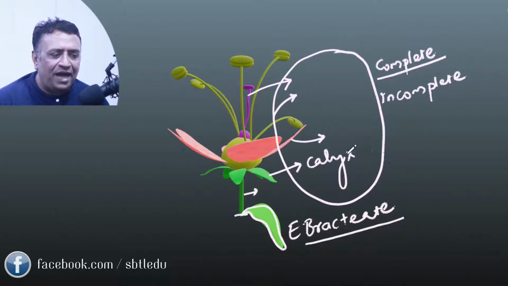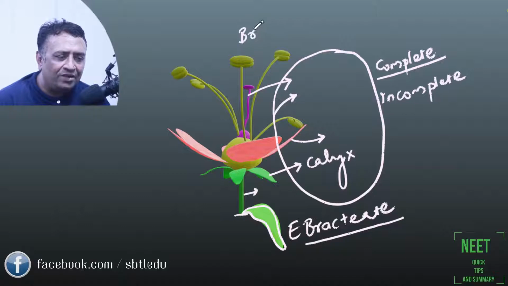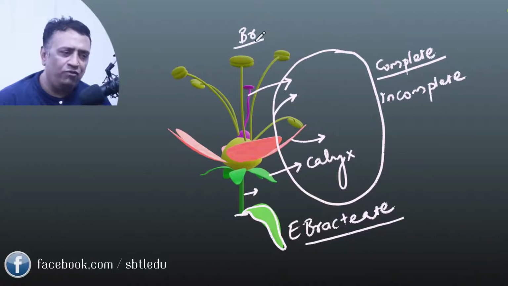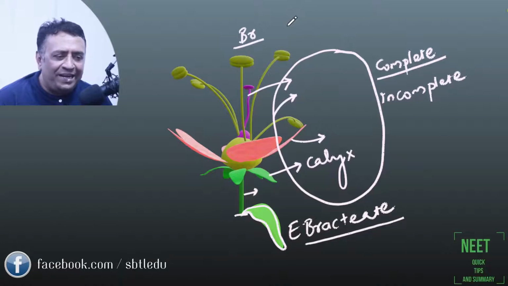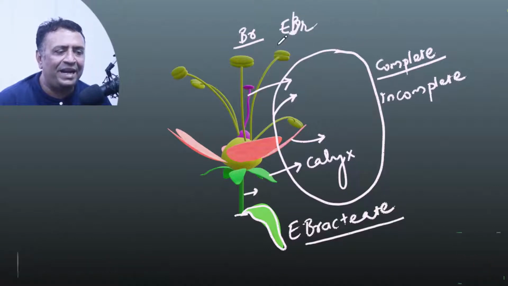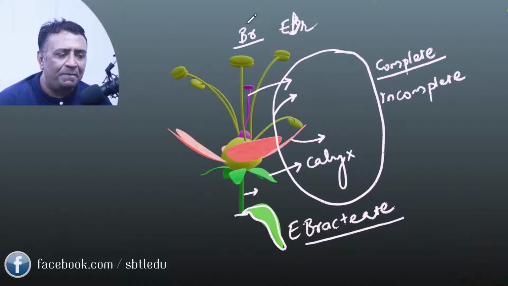Bracteate flowers are written as BR while writing the floral formula. And ebracteate flowers are symbolically written as EBR.